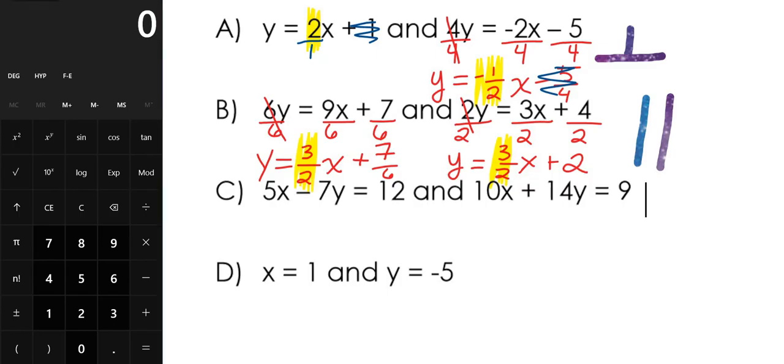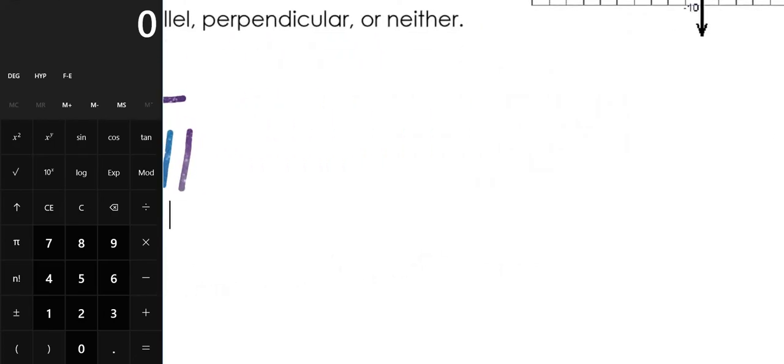I'm going to move to the side of my whiteboard so that I can have room to rewrite these equations and solve them. So the first one for C is 5x minus 7y equals 12. So I want to get y by itself.